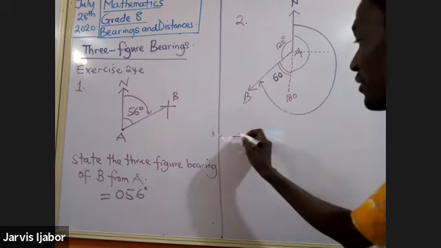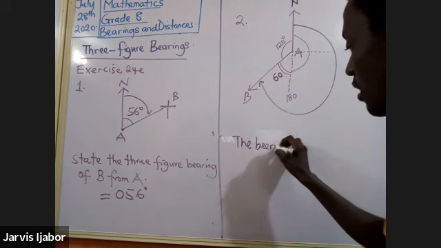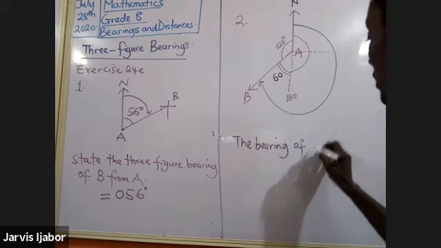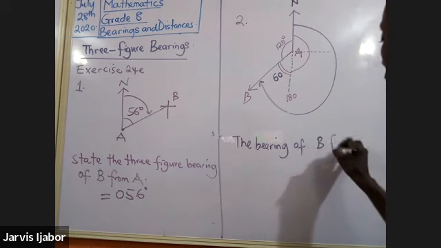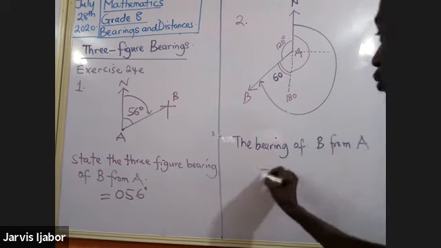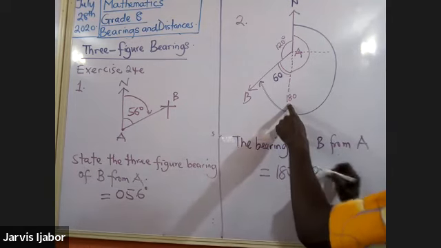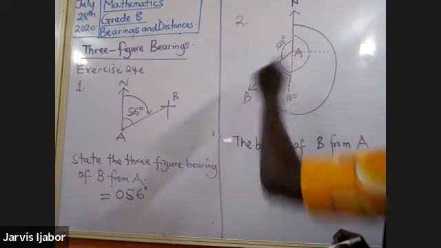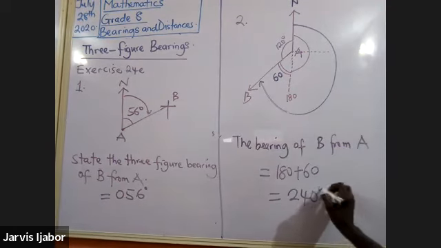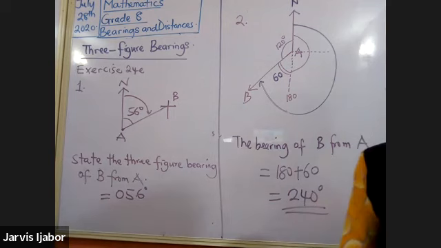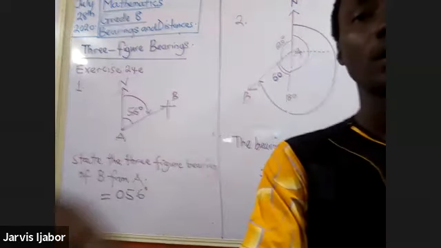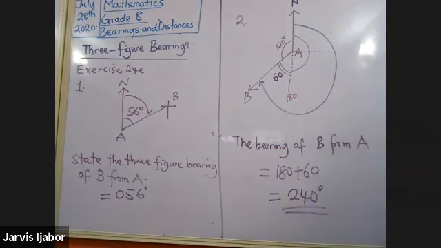So the bearing of B from A will be equal to 180, which is at this point, plus 60, which is the space between here and here. And that will give me 240 degrees.